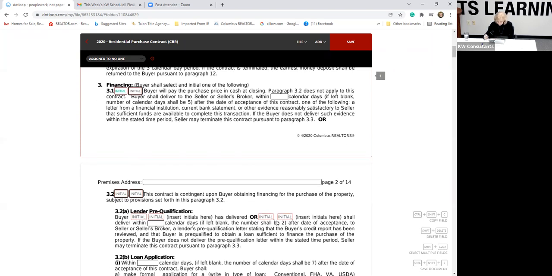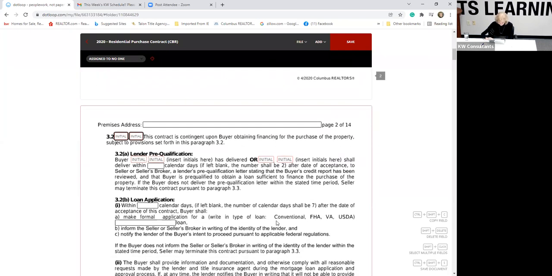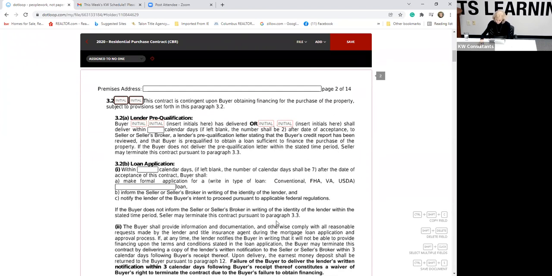The second sentence is important: buyer shall deliver to the seller or seller's broker within, probably right now you'd want to put 1 day, a letter from the financial institution or current bank statement or something that says they do have the cash for this transaction. 3.2, that's if you're going to finance it.